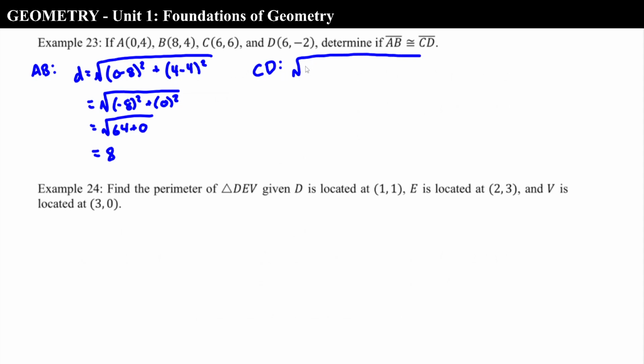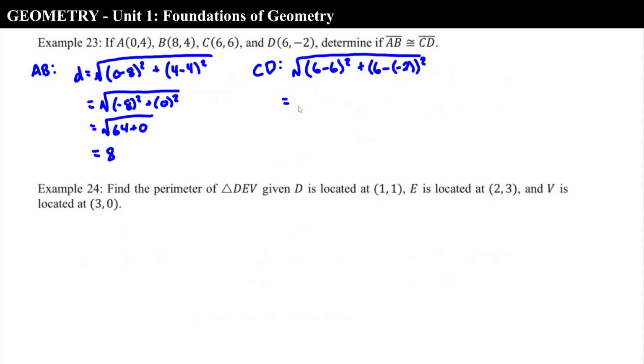So we have 6 minus 6 squared, the difference of our x's, plus the difference of our y's, 6 minus negative 2 squared.